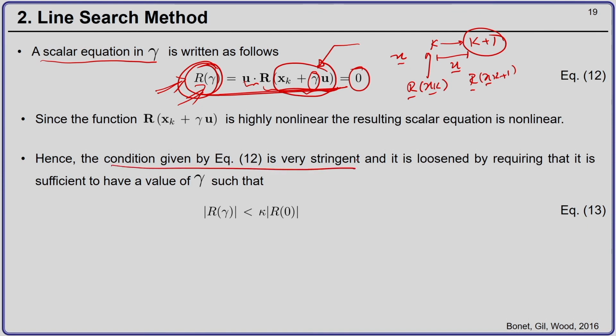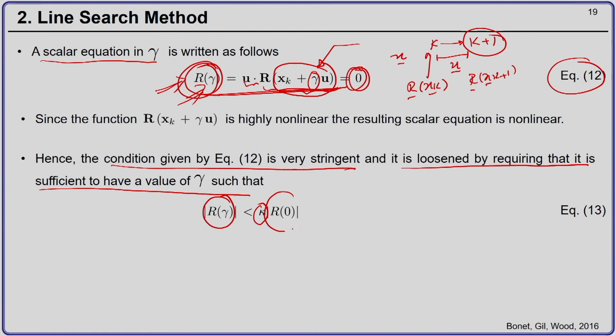So, this condition given by equation number 12 is very stringent, and we can loosen it by requiring that instead of making r of gamma go to 0, we will be happy if the absolute value of r of gamma is less than some scalar kappa times the absolute value of the function r of gamma at gamma equal to 0.